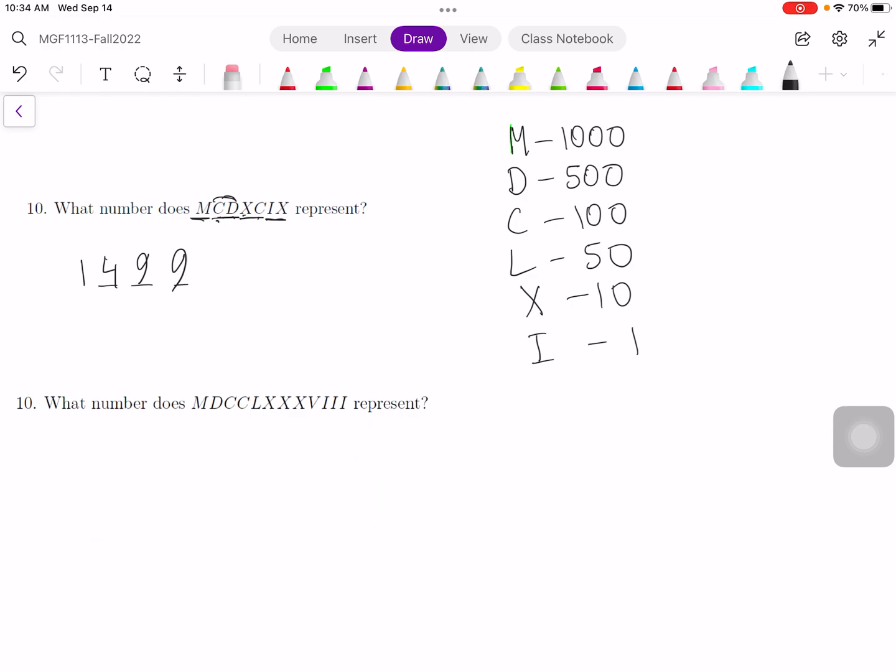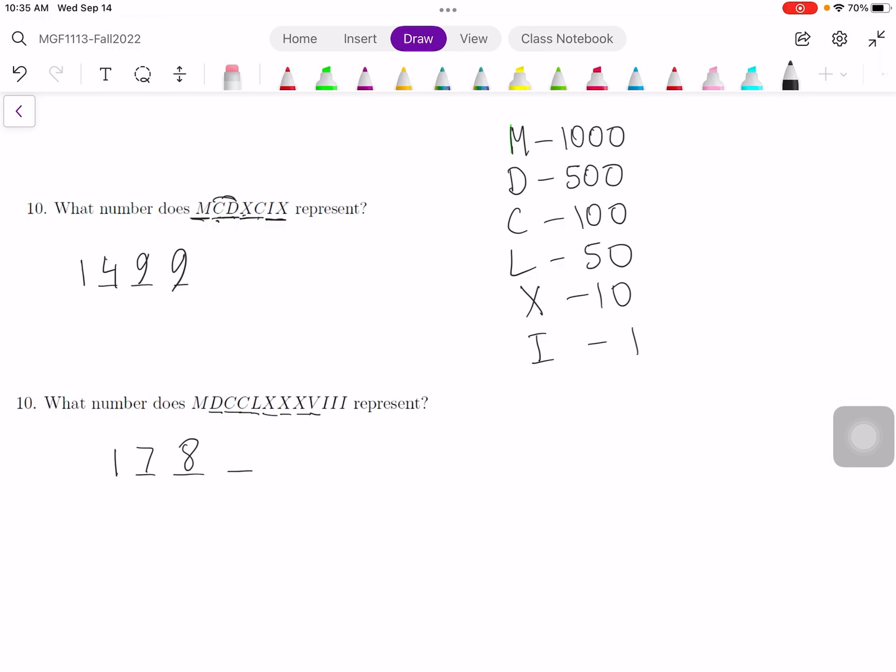Okay, let's see if we can read the next one. M is 1,000, so I know this number will be 1,000. But now D is 500, okay? And then 100 and 100, so that's total 700, because I count how many hundreds I have, right? Then L is 50, and then I have 10, 10, 10, so that's 50 plus 30, 3 tens, so that's 80.